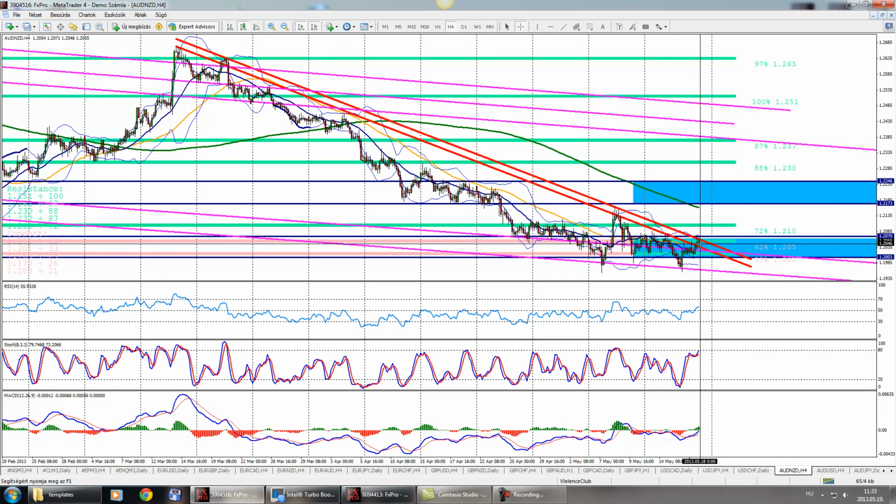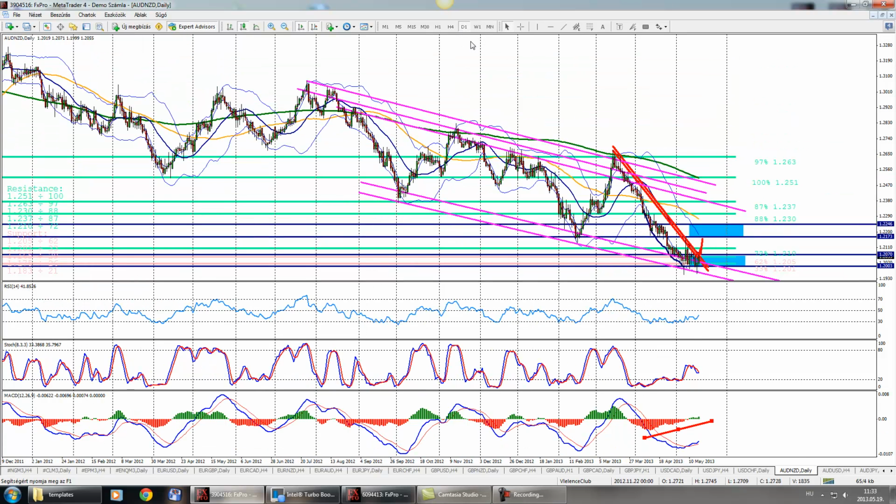So the trading plan is the following: if the price action closes above the range, above 120.70, and retests the level, which needs to hold the price action, the 120.70, we can enter.